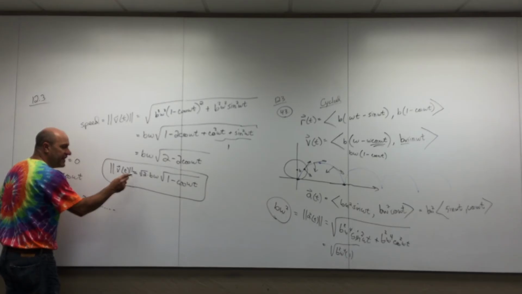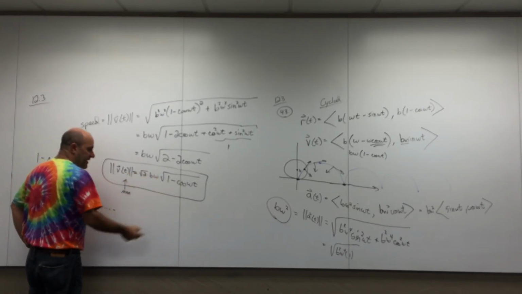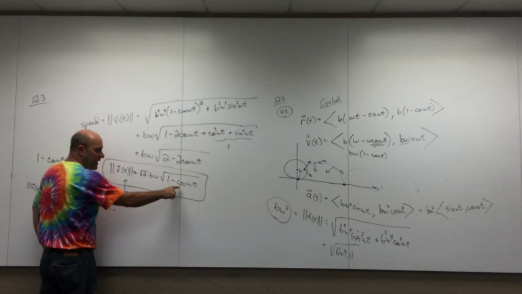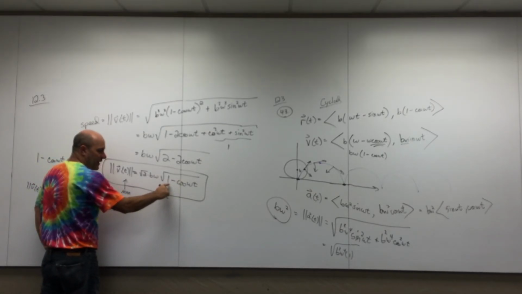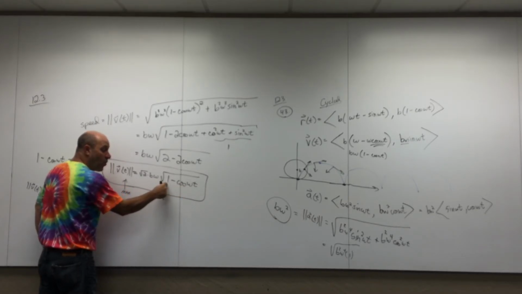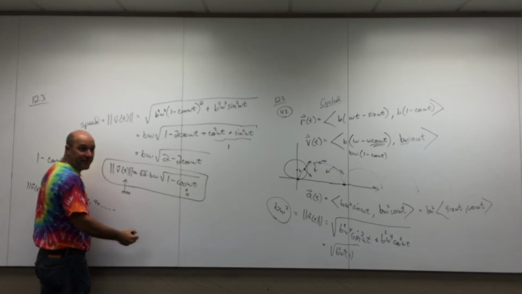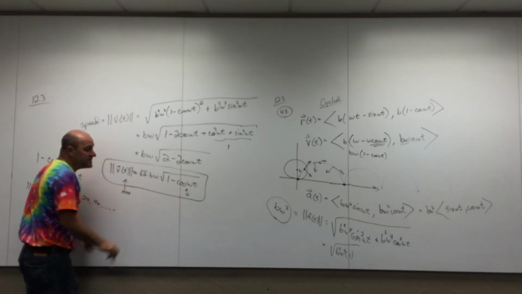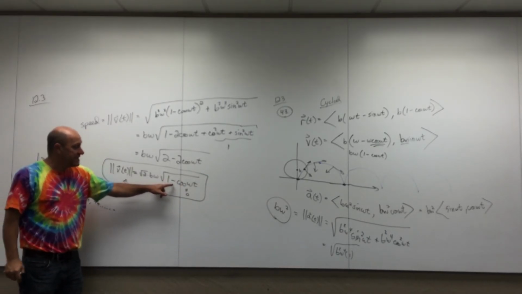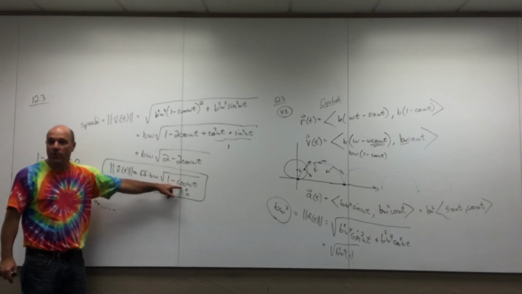I'm trying to find out, when is this a maximum? I'm looking at this and thinking it's going to be a maximum when I can get the most out of this. Maybe if it's a 1 and this thing goes to 0. Otherwise it'll be 1 minus 0.5, or 1 minus 0.6, or 1 minus 0.1.